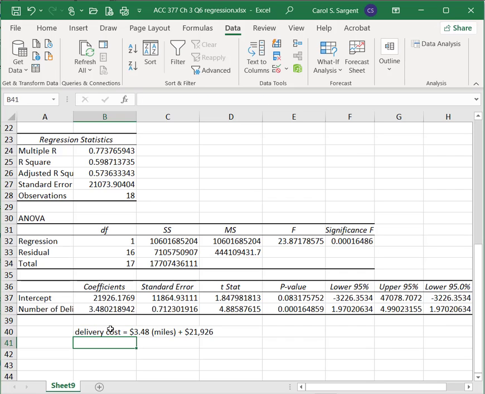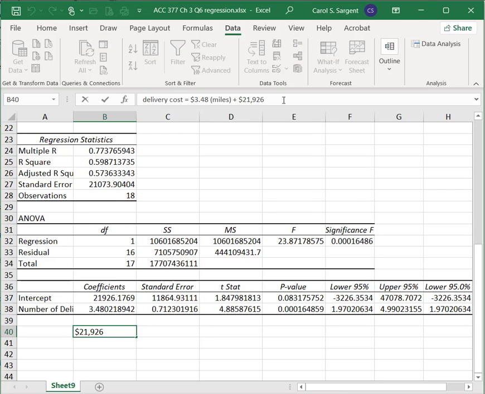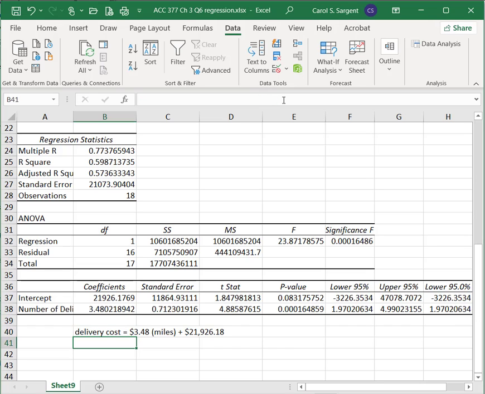So Y equals 3.48x plus 21,926. I think your book wants dollars and cents, so it would actually want the 26.18 rounded. There you go.